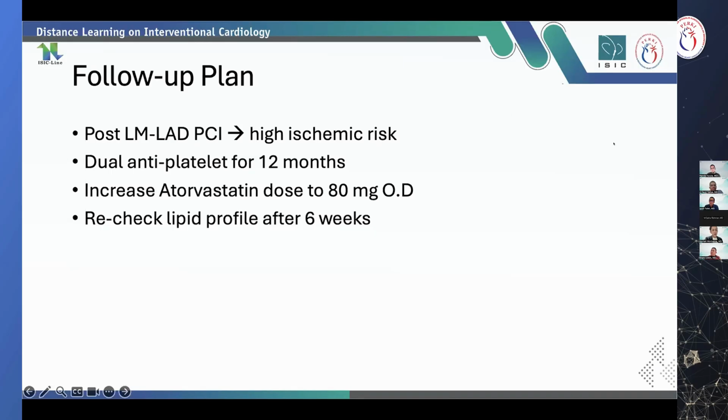Firstly, thank you for the good presentation, Dr. Nanda. So actually, that was a very complex PCI scenario. If my procedure is based on the FFR value, I will do the same, I think.